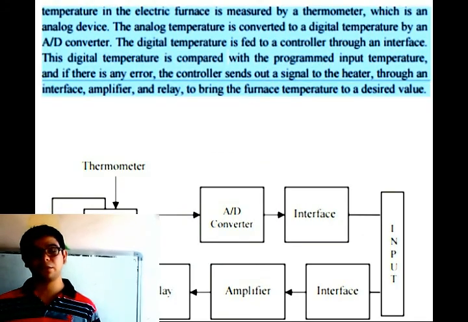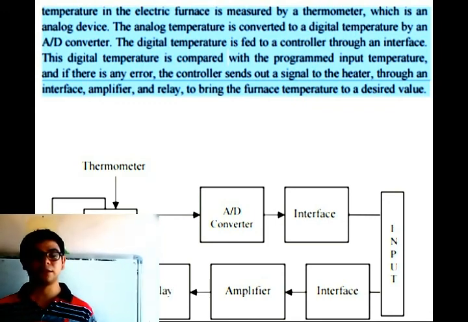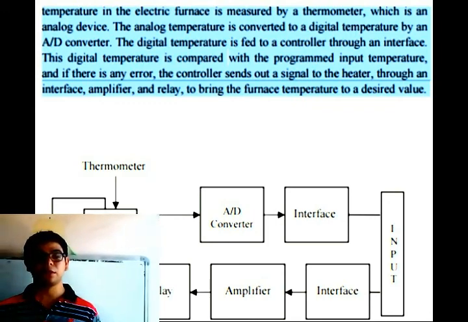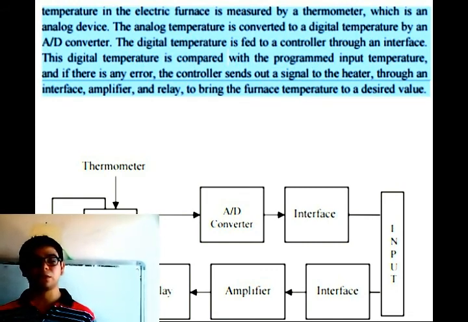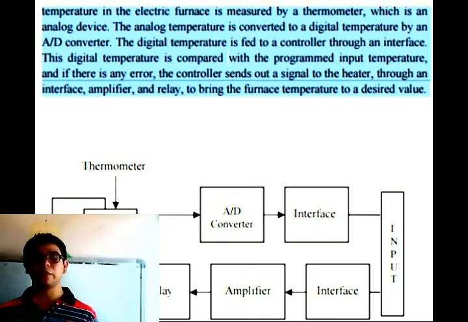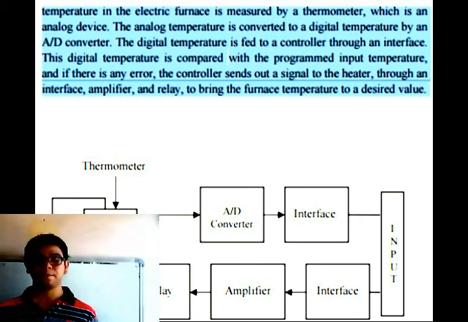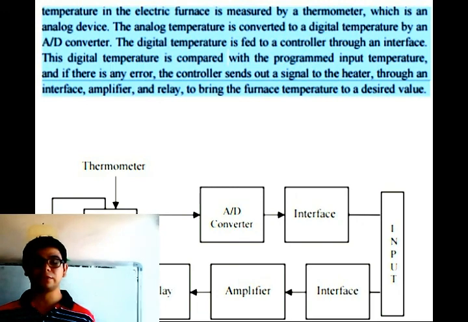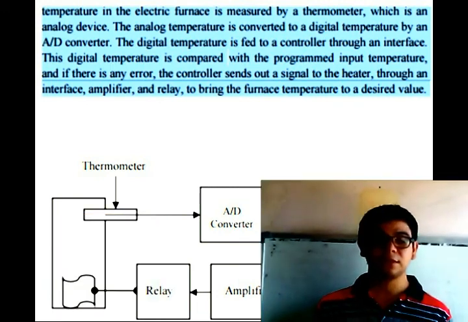And this figure shows a diagram of temperature control of an electric furnace. The temperature in the electric furnace is measured by a thermometer, which is an analog device. The analog temperature is converted to a digital temperature by an AD converter. The digital temperature is fed to a controller through an interface.